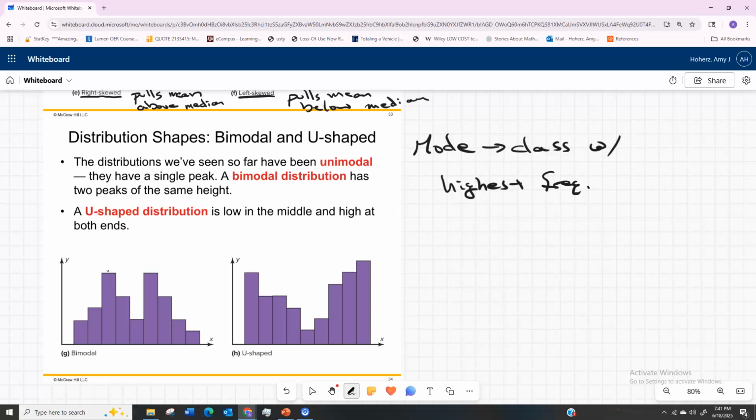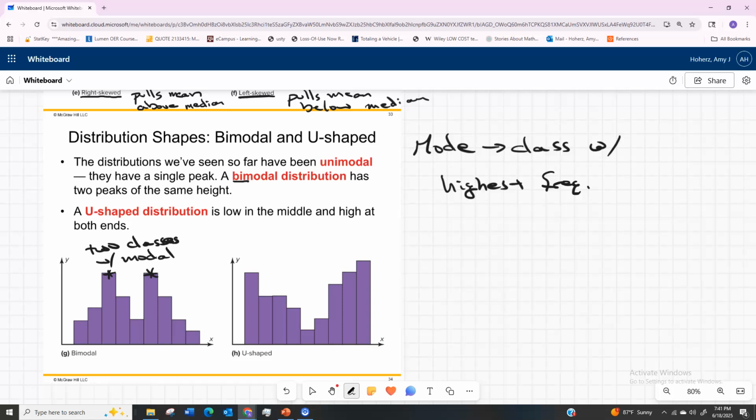So in this case, we have this class and this class had the highest frequency. There wasn't a single class that had the highest frequency. There were two of them. So we call that bimodal. So two classes with the modal value. Okay? And so we call that bimodal.